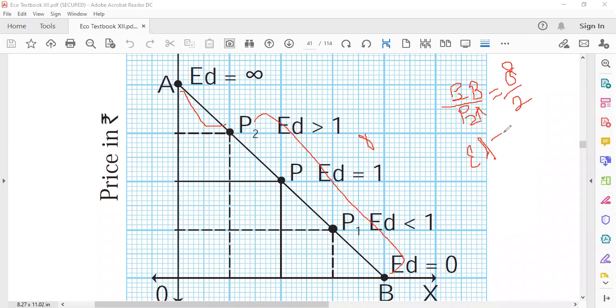In this case, the elasticity of demand will be 8 divided by 2 will be equal to 4. Coefficient of elasticity कितना आ गया? 4. So elasticity of demand is equal to 4. That means what? Elasticity of demand is greater than 1 or less than 1. In this case, 4 means what? Elasticity of demand is greater than 1.